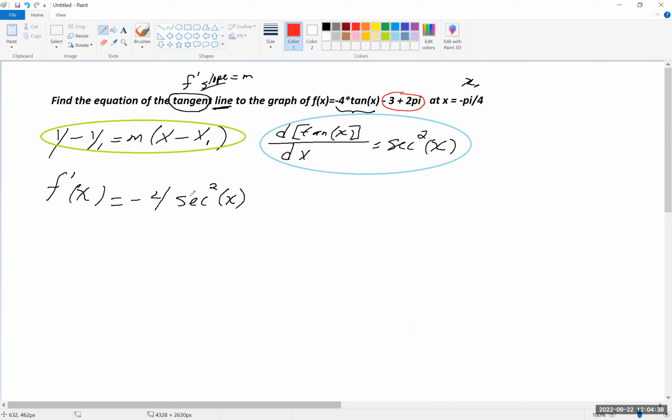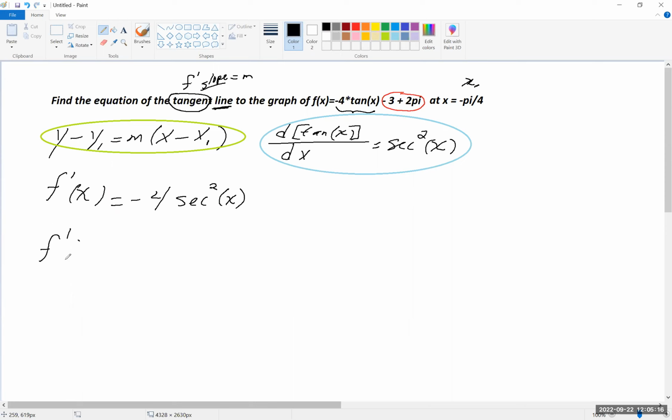Now that's the slope of the tangent line, which I could use in this other formula that occurs to me, but because they're giving us a real specific value over here at x equal pi over 4, we might as well evaluate it and just deal with a number.